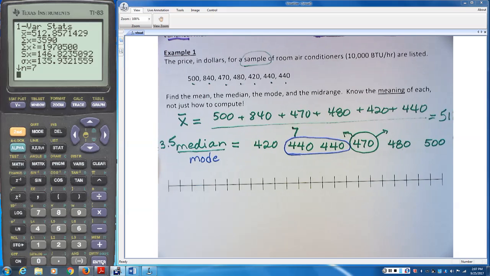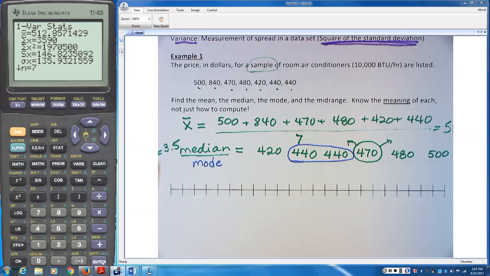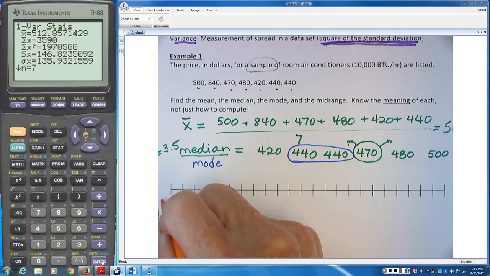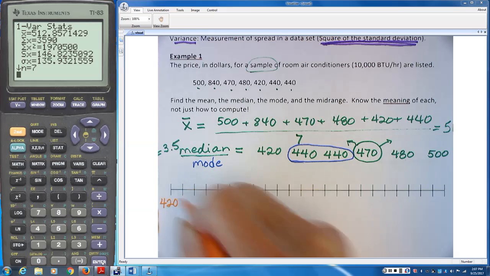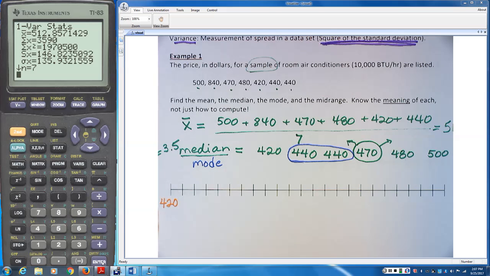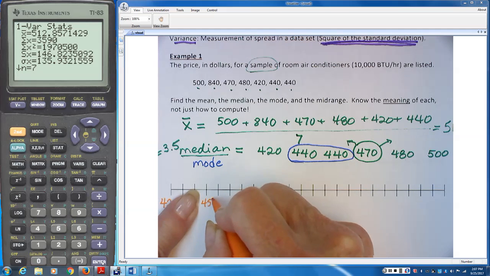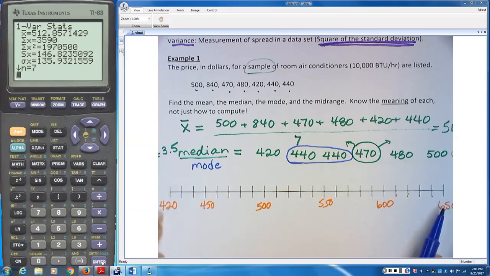Now let's look at something here. Our smallest data value was 420, right? And our largest data value was 840. So if I go 420, 30, 40, 50, you're going to have to plan carefully if we're going to do this.